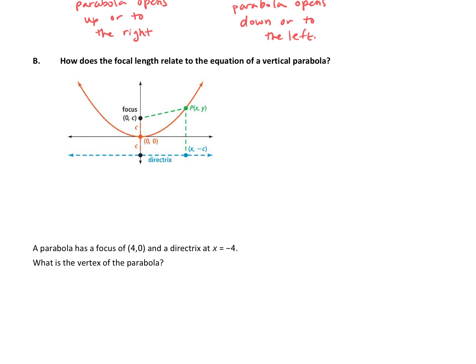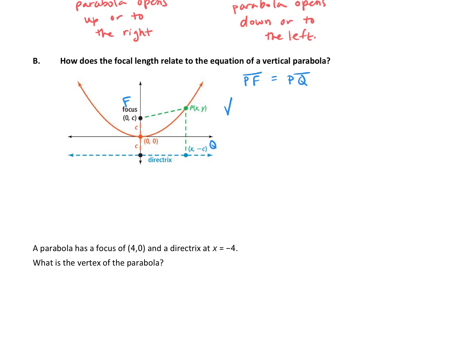We know any point on the parabola is going to be equidistant from the focus and the point on the directrix. So we know that PF is going to be equal to PQ. This is point Q and this is point F at the focus. Let's just see what happens when we find those distances.